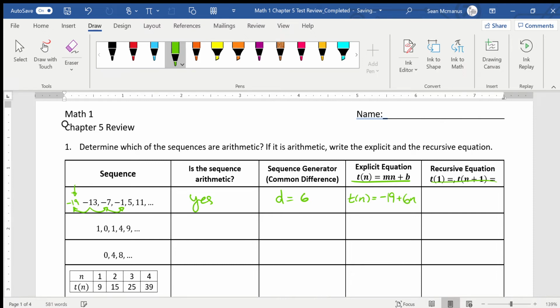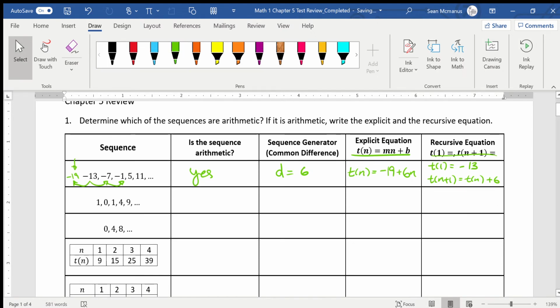And the recursive equation, t of 1 equals the first term, not the 0 term, but the first term, and t of n plus 1, so the next term is the current term plus 6. Okay, so that's how that would work for all those.